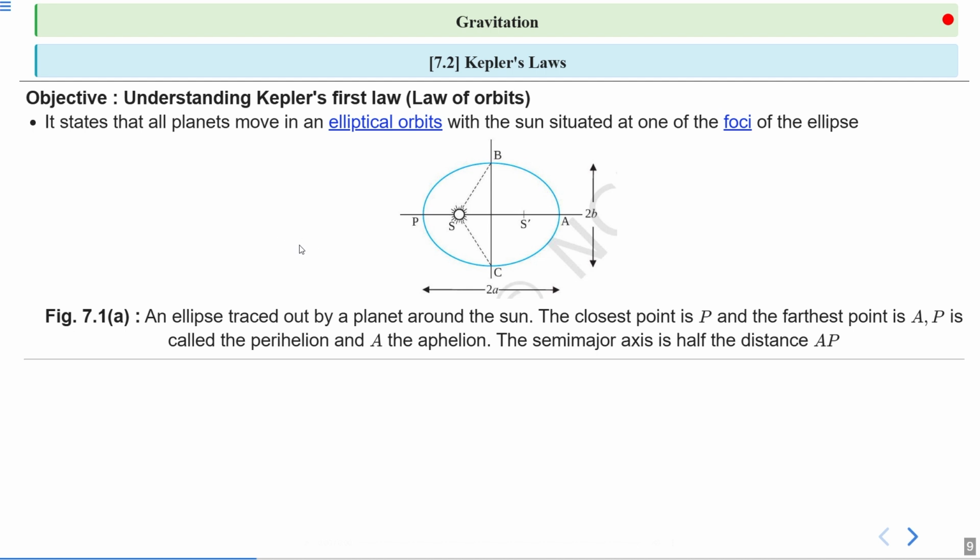In the figure, you can see the ellipse traced by the planet with the closest point to the Sun, called the perihelion, and the furthest point called aphelion. This one is perihelion, and this one is aphelion. Notice how the Sun is not at the center but at one of the focal points of the ellipse.